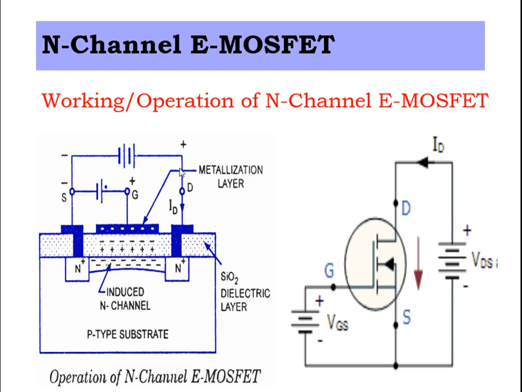So the voltage applied between the drain terminal and source terminal is called VDS, and the voltage applied between gate and source is VGS, the gate source voltage. VDS is the drain source voltage applied between drain and source terminals, and VGS is the voltage applied between gate and source terminals.